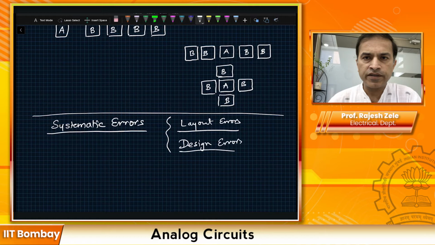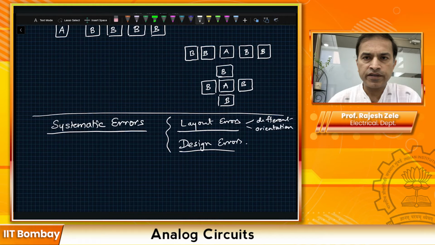So layout errors could be the different orientation. You don't lay it out properly. The transistor A is laid out horizontally, transistor B is laid out vertically, and W is perpendicular to each other between the two, then they will obviously not match. So different orientation could be a problem.